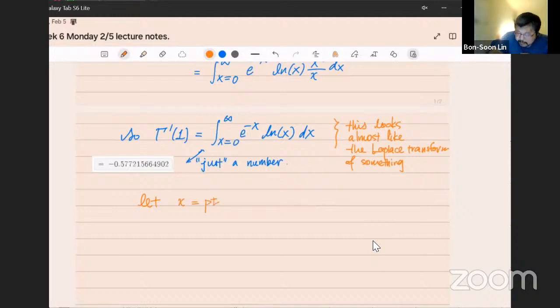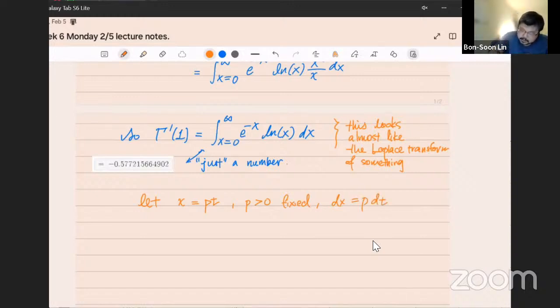Let's use a different variable. I reuse x here, so let's use t. Where p is a fixed constant, let's say it's positive, so it converges, it's a fixed number, all right? And if we have this, then dx is equal to p dt, all right?